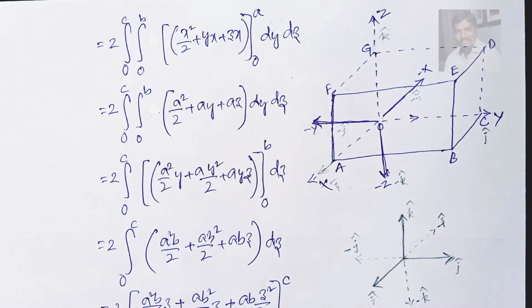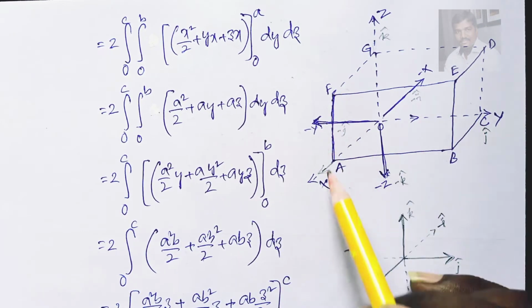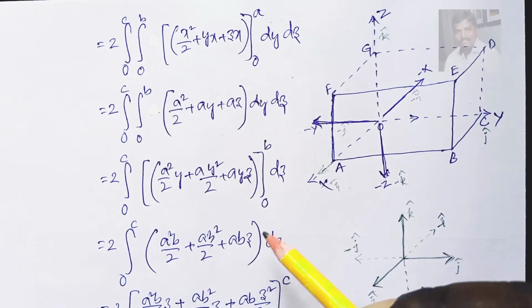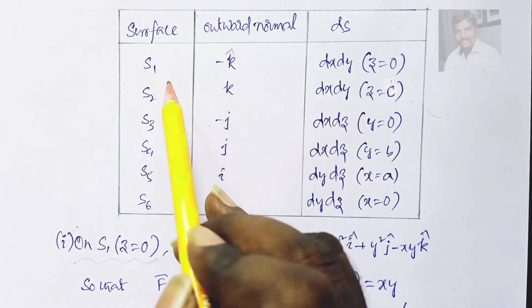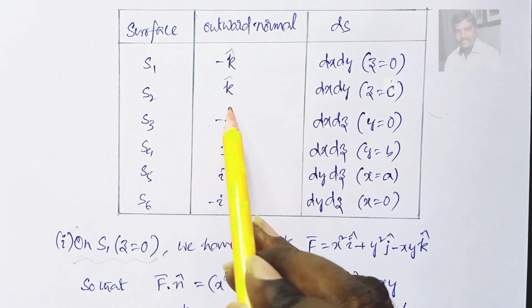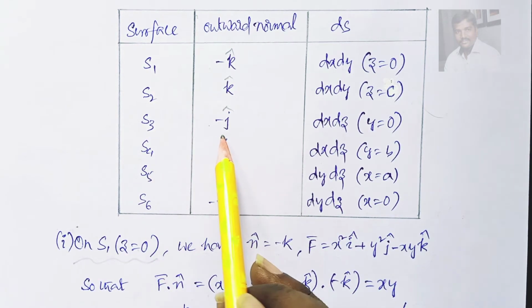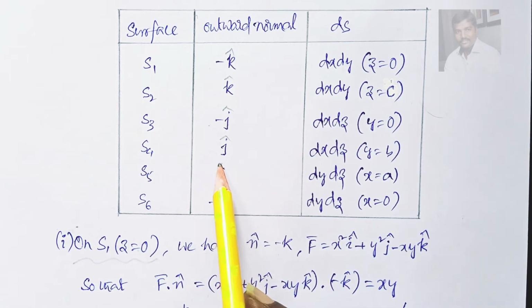So outward normals are the perpendicular ones. Since these are plane surfaces, we have to take the perpendicular outside of the surface. Cap is the outward normal, remember that. For S1 minus K cap, S2 K cap, S3 minus J cap, S4 plus J cap, S5 plus I cap, S6 minus I cap.